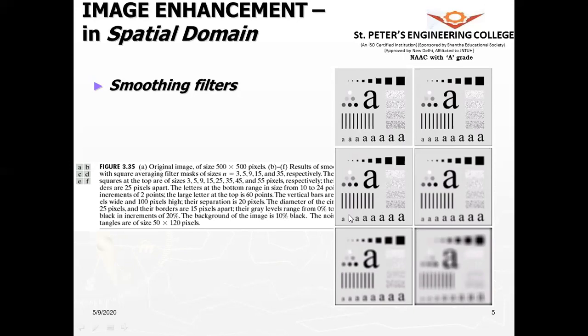Here, if you are using Butterworth or Gaussian type filters, it will not give rise to ringing effect. Only blurring is happening here. So this is an example of a smoothing filter.